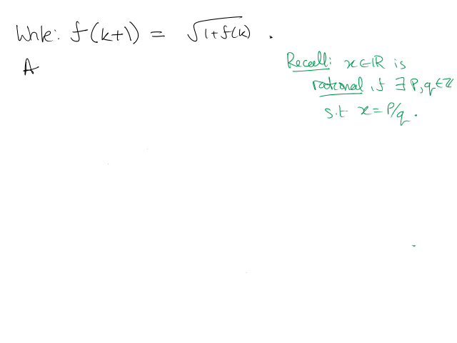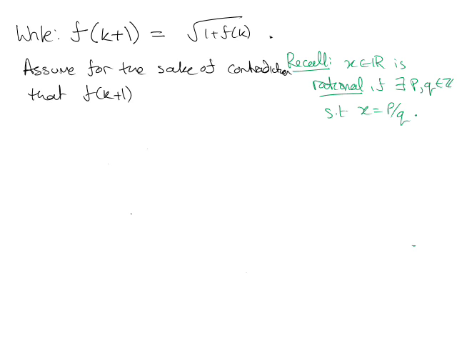So assume, for the sake of contradiction, that it's rational. This is the opposite of what we want to prove, right? Now the nice thing is that being rational puts something on the table, puts this fraction on the table.